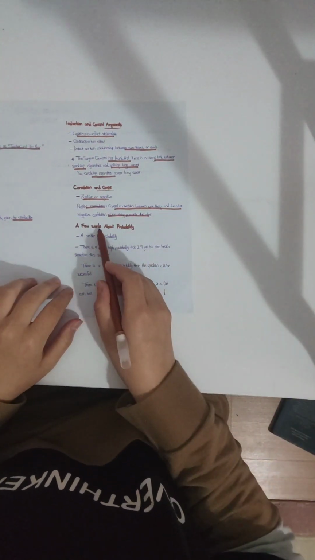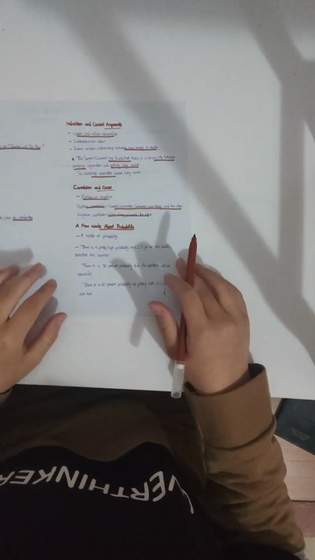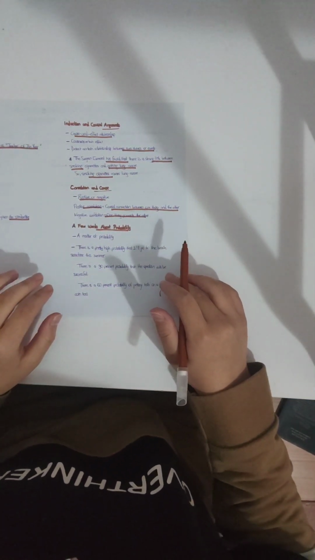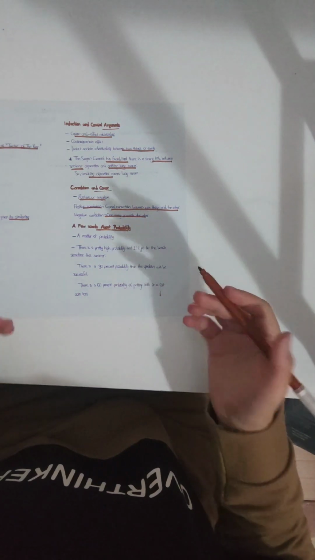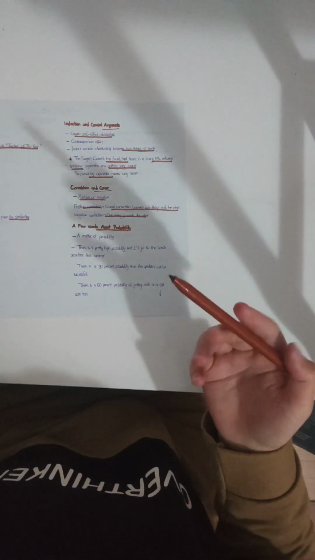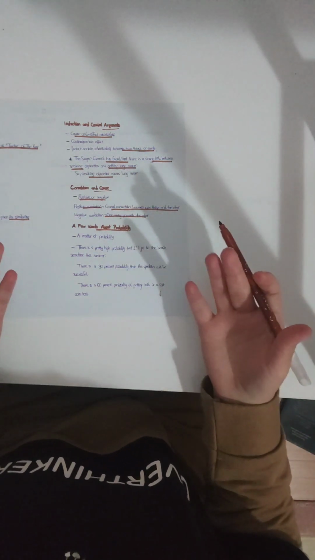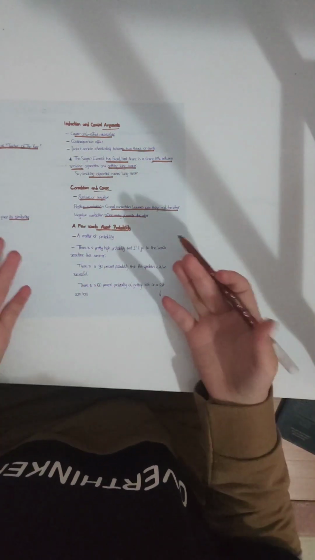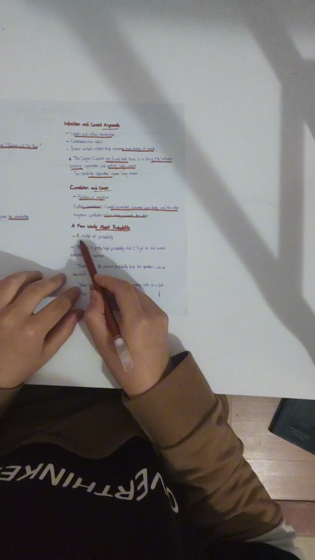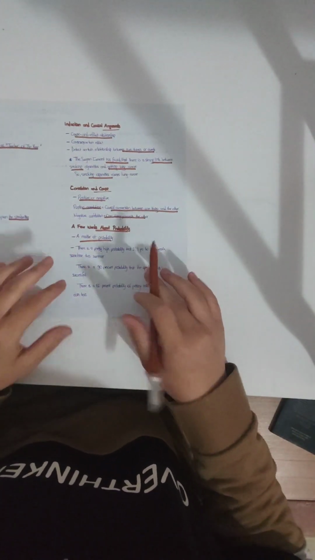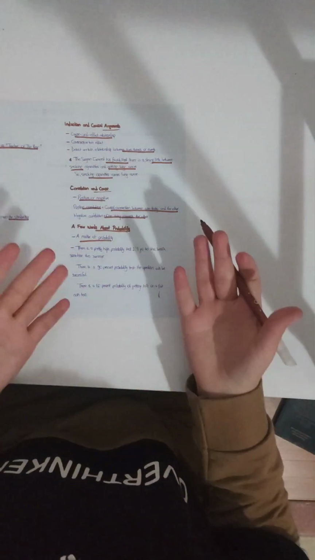And let's move to the other title. A few words about probability. We can say all inductive arguments are a matter of probability, and because they are not certain, they are not exact.